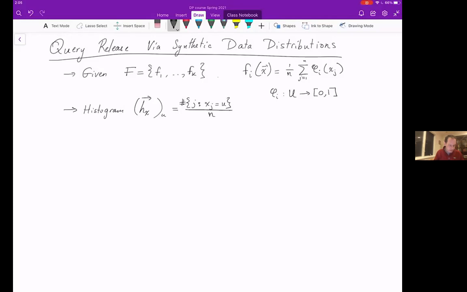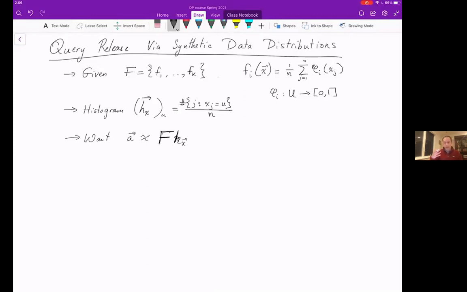So it is some kind of histogram. And what we want to release is a vector of approximate answers to the queries given by this matrix F. So we can encode the various values that phi can take as the entries of F, and then apply that to the histogram.